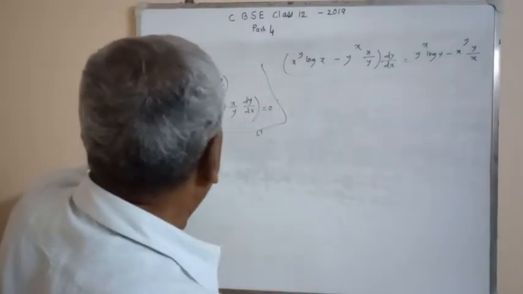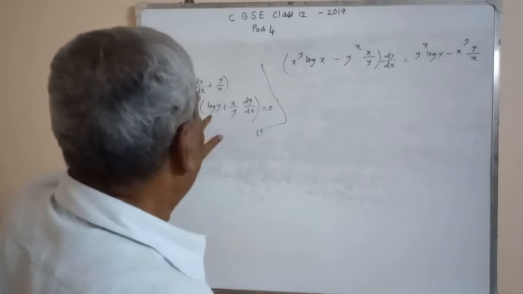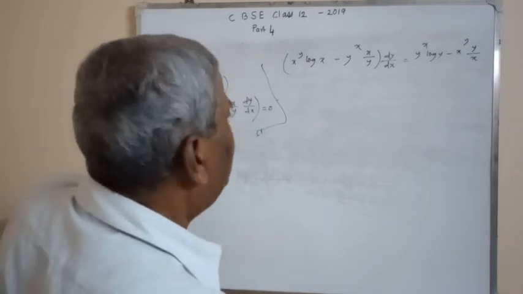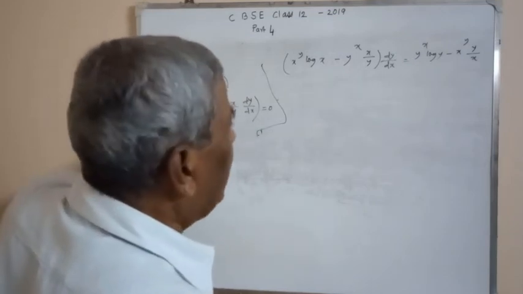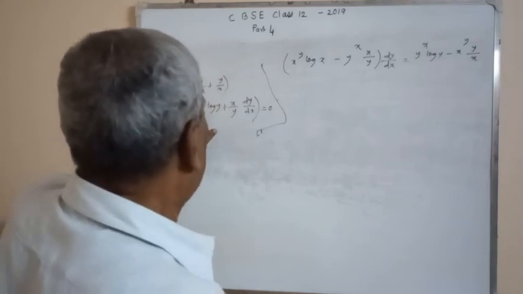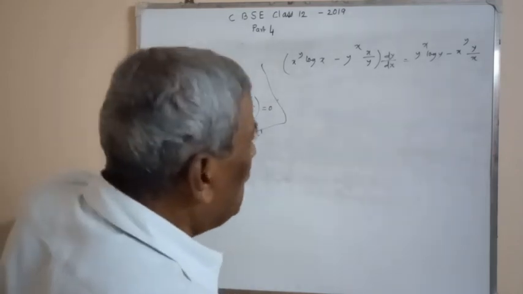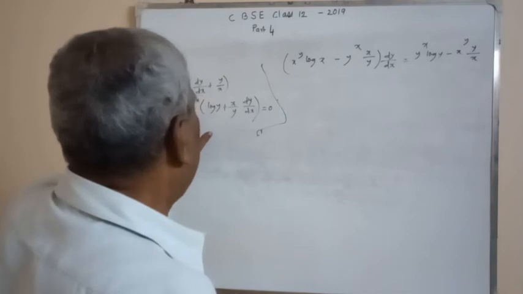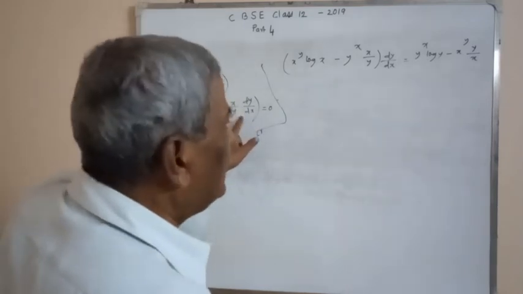Let us check. It is actually x to the power y into log x, and this is y to the power x into x by y.